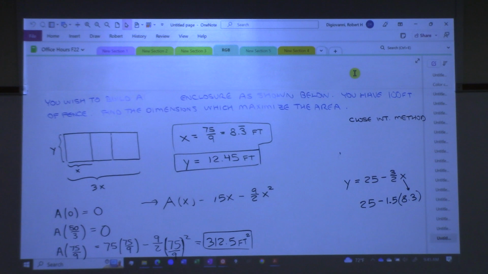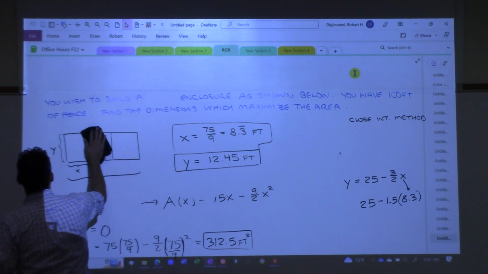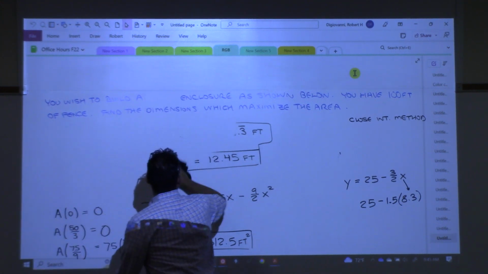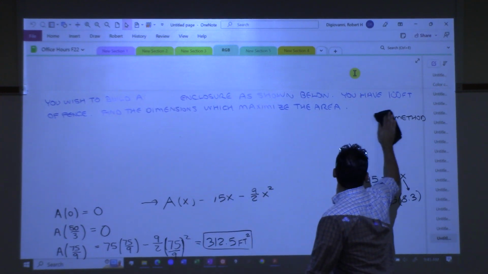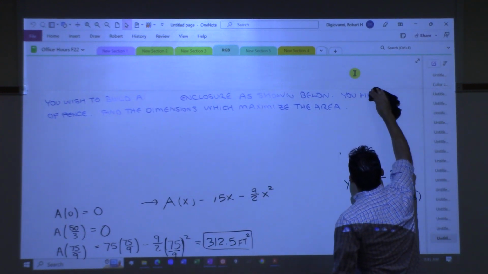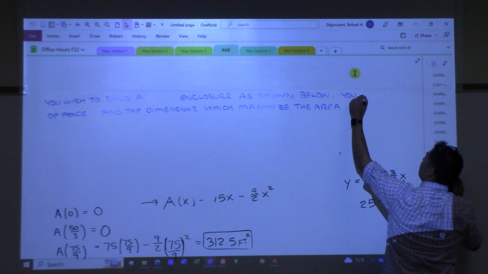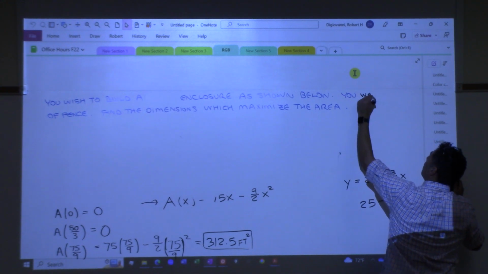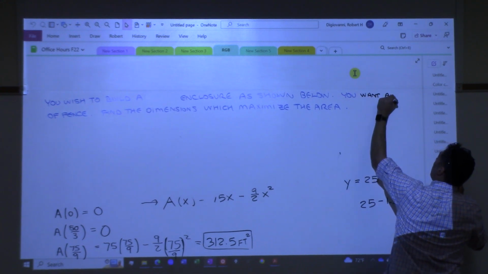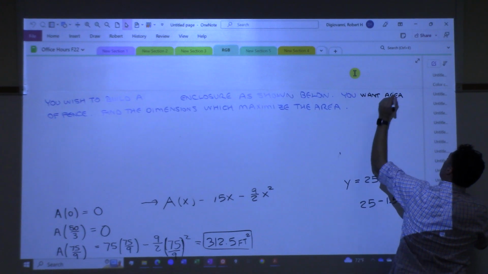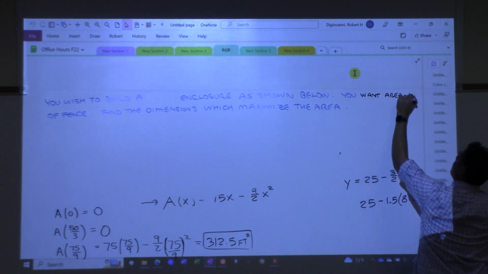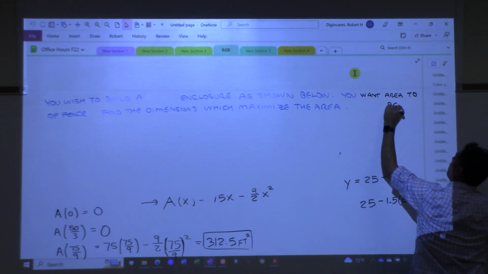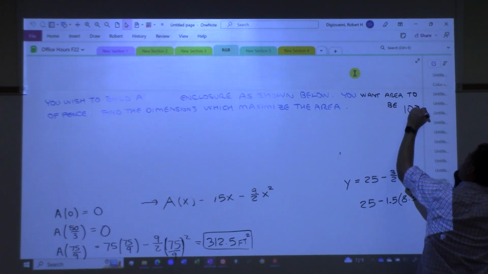So we wish to build an enclosure as shown below, all right? I'm going to draw you another picture. And I'm going to change the wording of the rest of the problem. You want an area to be 100 square feet.